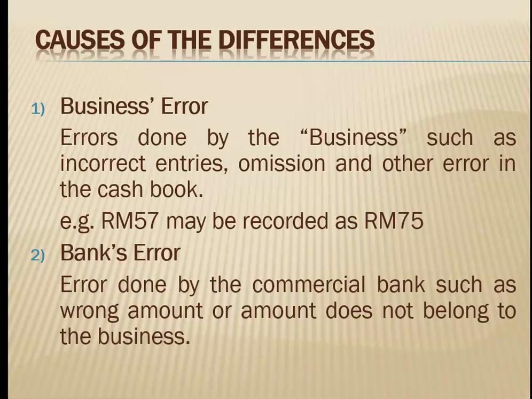And sometimes there is a bank error, which is very rare, but it's not impossible. Sometimes they do, but they would rectify the error immediately or the day after. They do not wait a long time once they find out the error.